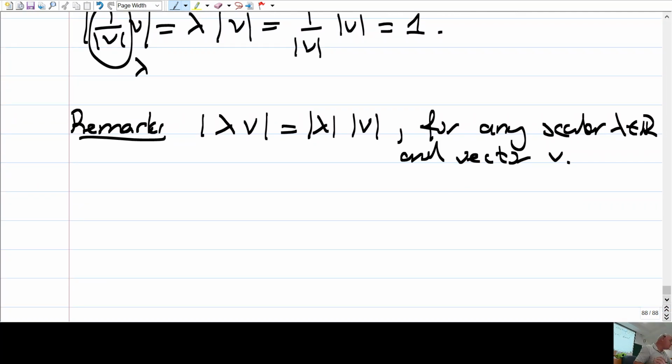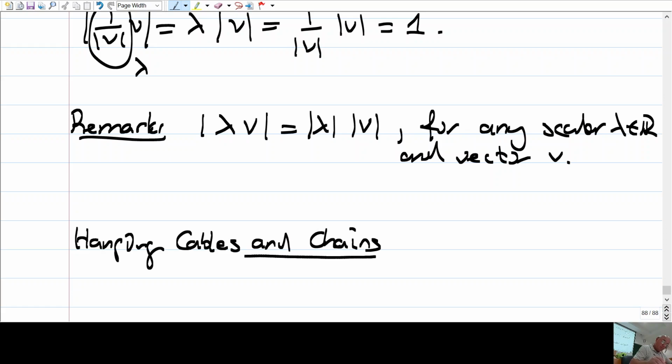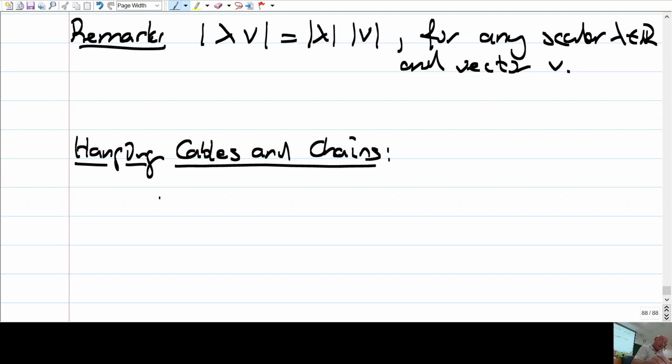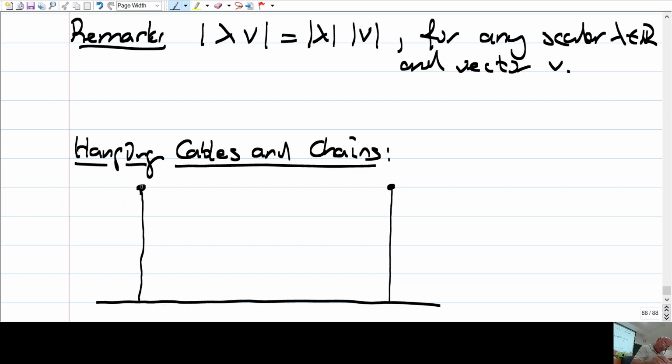Okay, so there's this nice thing here. If you have, let's say, a wire like this, an electric cable or telephone wire, or any rope, çamaşır ipi de olur.